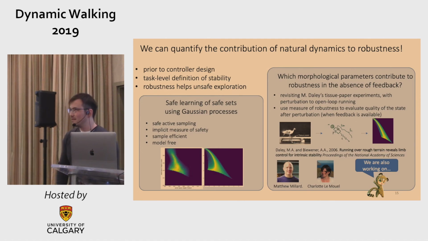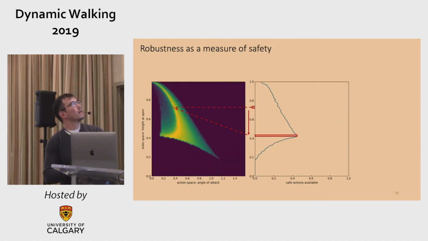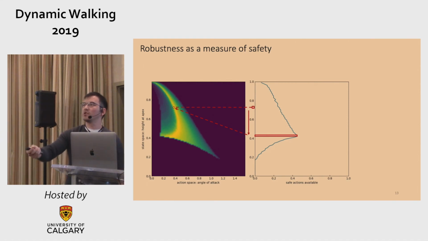So what is the Gaussian process fitting? Right. So the question is, what are we fitting with the Gaussian process? Basically this, and this is basically for every point in state action space, what is the robustness of the state you will reach after you sample the state action pair?